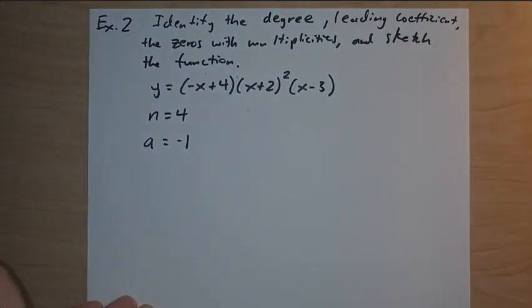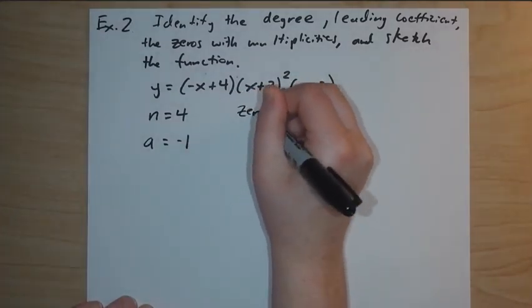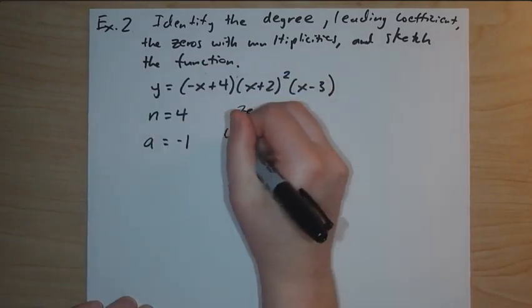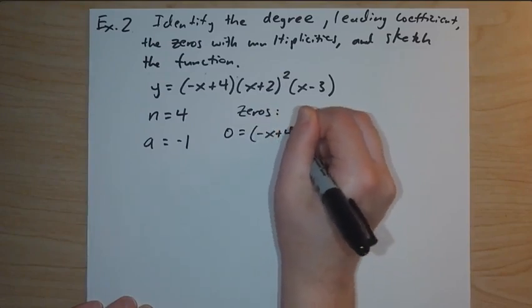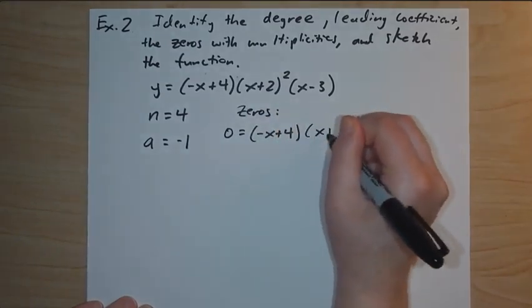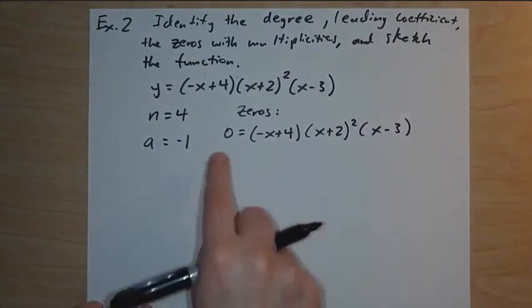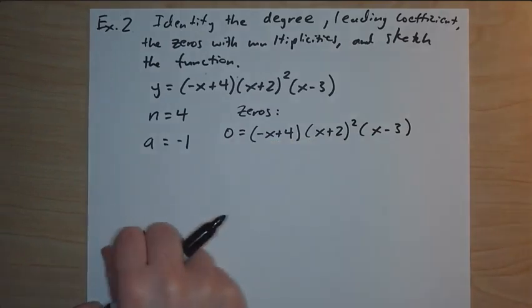So next we're going to find what our zeros are. So we're going to set y is equal to 0. So then 0 is equal to negative x plus 4 times x plus 2 squared times x minus 3. And this will remain true if either of these factors are 0.